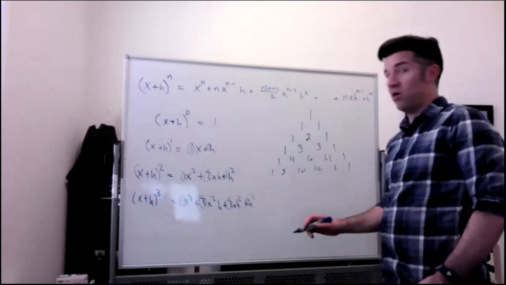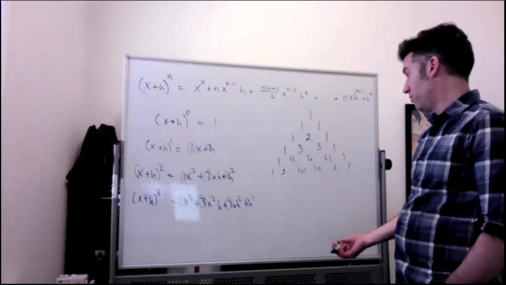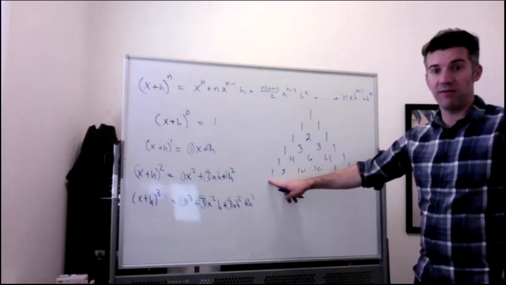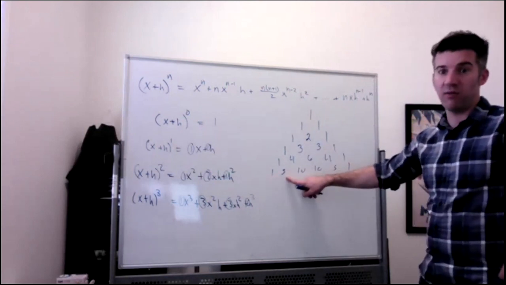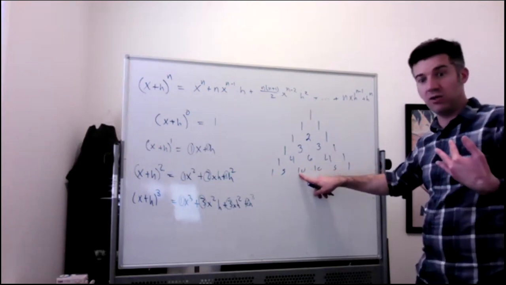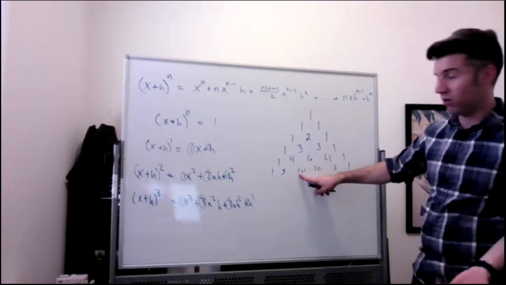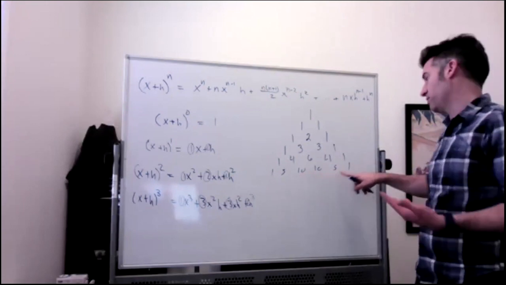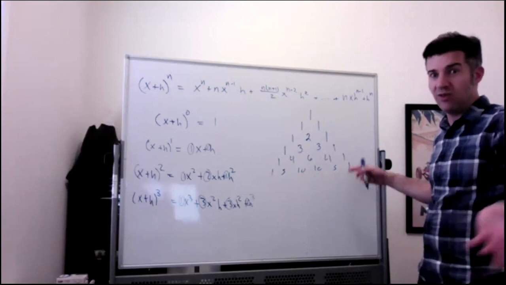So I know from Pascal's triangle that x plus h to the 5th is 1 times x to the 5th, plus 5 times x to the 4th times h, plus 10 times x to the 1 less power, which is x cubed, times h to the 1 more power, which is h squared, plus 10 times x squared times h cubed, plus 5 times x times h to the 4th, plus 1 times h to the 5th. And you can do that for anything.